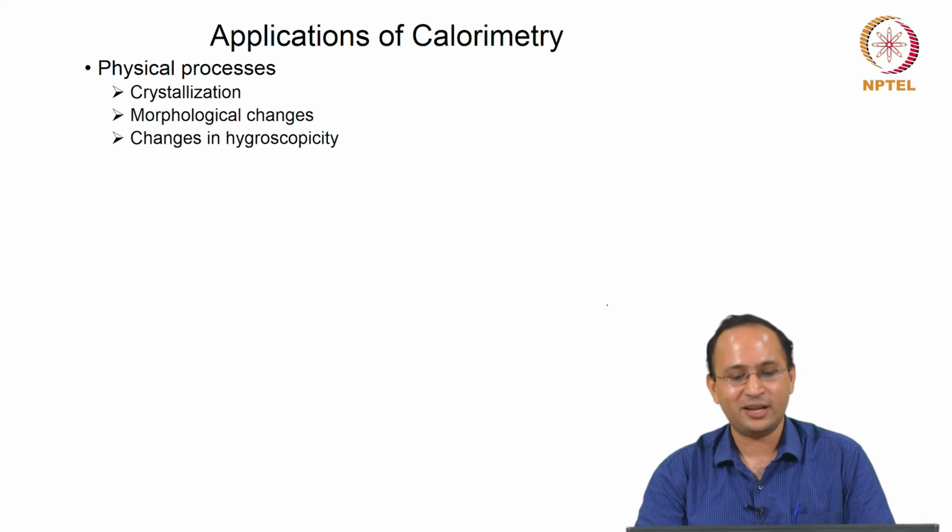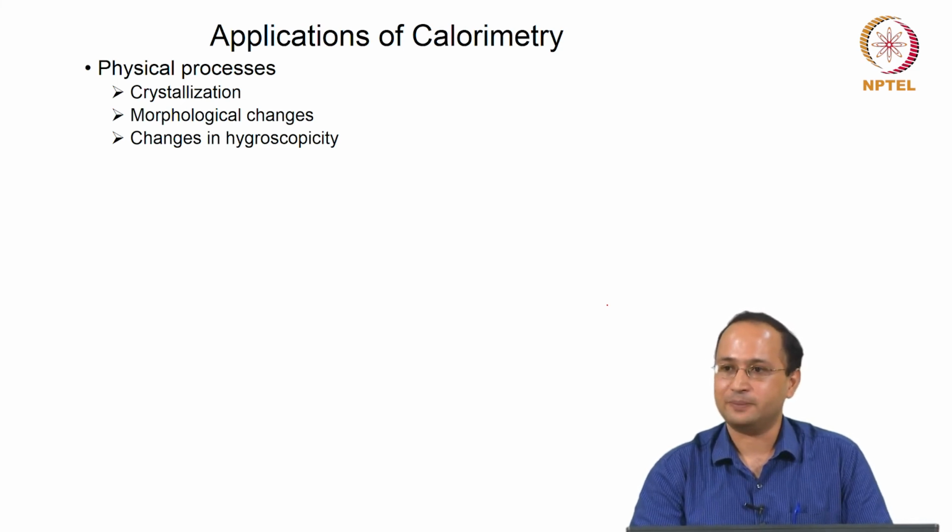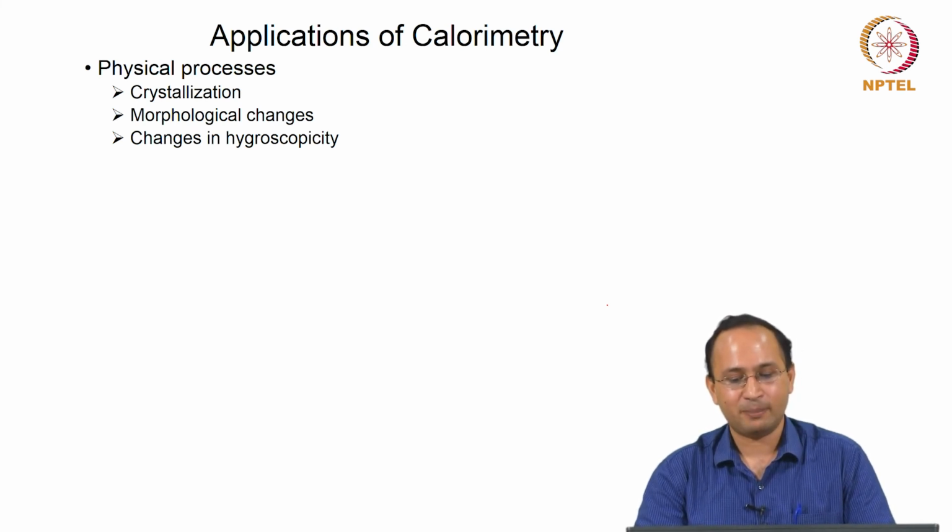So, the molecular arrangement of molecules in a lattice can have a significant effect on the physico-chemical properties of a material. So, calorimetry can be used as a method for identification of polymorphic forms by exploitation of differences in physical properties, because when you are inducing these changes, you are changing the physical properties, and you are exploiting the differences in that.